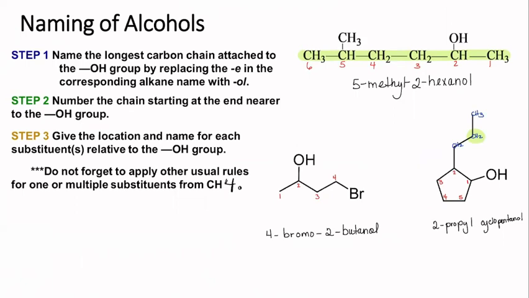So when we have cyclic alcohols, you don't need the 1-cyclopentanol because it is assumed that the OH is sitting on carbon 1. What is important is to put the number for the substituent, because as you can see here, the OH is pointing kind of to the side, and it is assumed that the carbon holding the OH is carbon number 1.